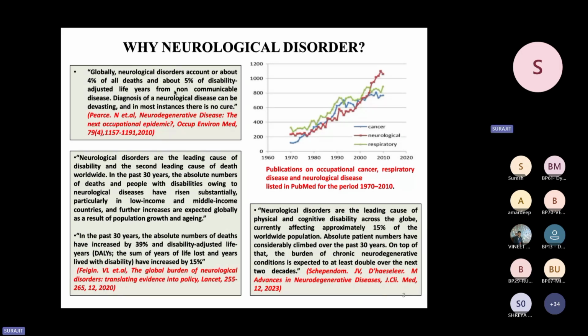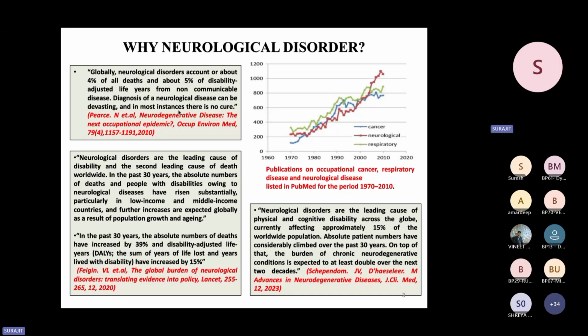In 2010, a paper in the journal Occupational and Environmental Medicine told that globally neurological disorder accounts for about 4% of all deaths and about 5% of the disability adjusted life years for non-communicable disease.